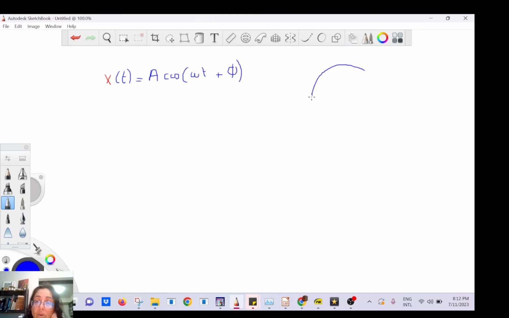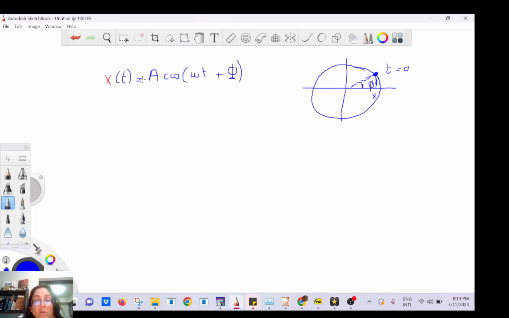If you imagine your mass going in a circular motion and you start your stopwatch at that position at t equals 0, that will be your phase when you start at t equals 0.